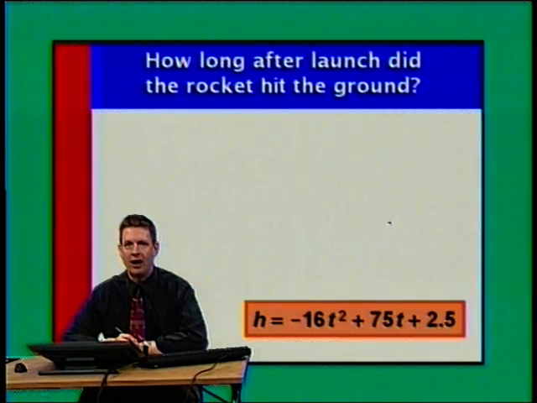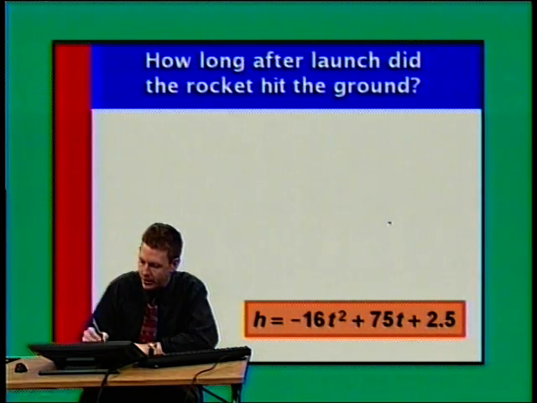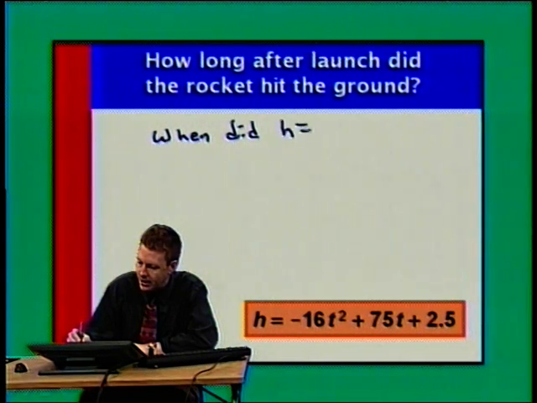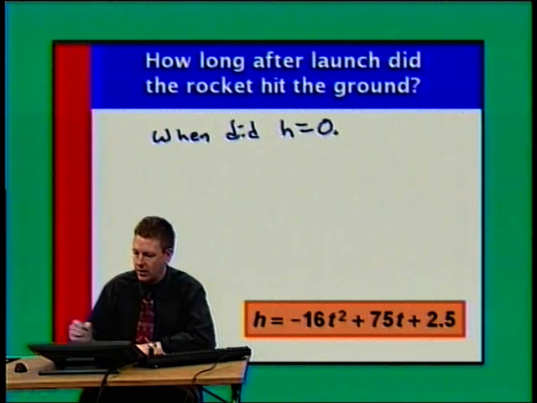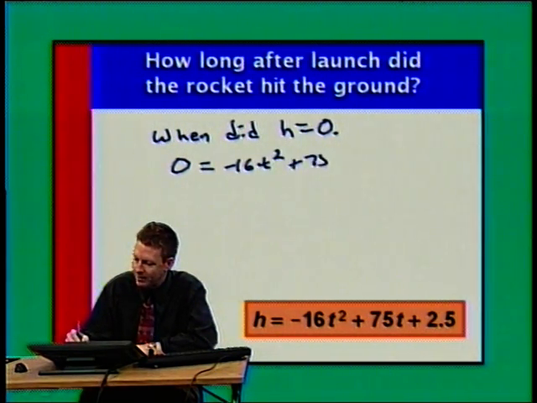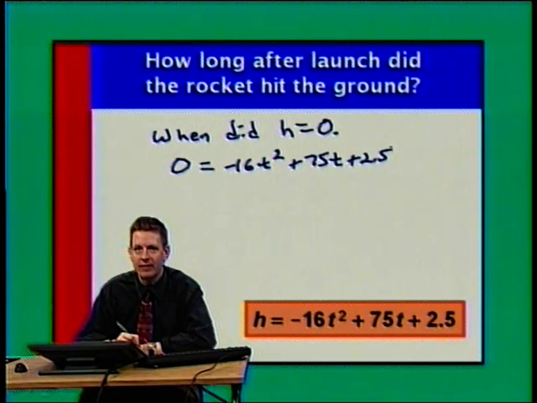Let's ask one more question about this flight. How long after launch did the rocket hit the ground? So this time we want to know, when did h equal 0? So our equation is 0 equals negative 16 t squared plus 75t plus 2.5.